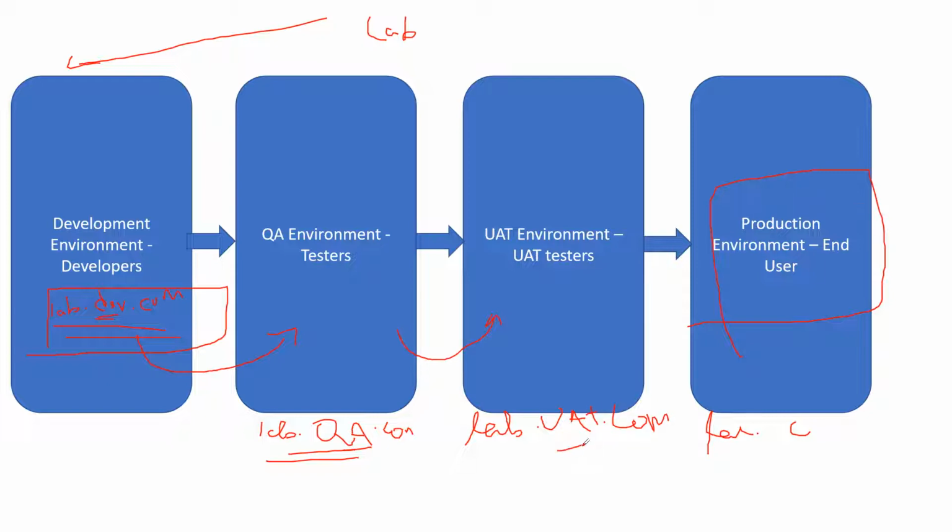Okay, so with this difference, we'll come to know which environment this URL is, which environment this software can be used in. Understood? Any more questions here from anyone else?